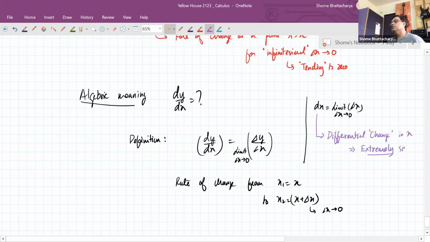Extremely small change. Such a small change that it tends to 0. So we're talking about the rate of change of y with respect to x from this x1 to this x2.